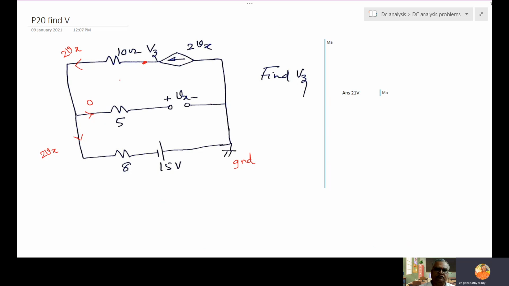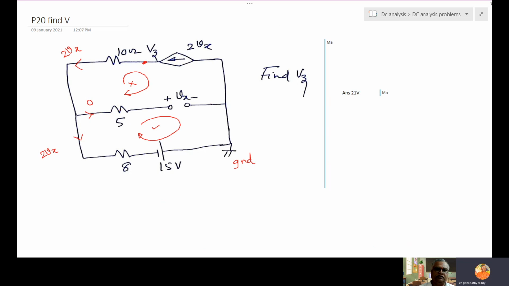To find Vx, we can't write a mesh equation in this loop because of the current source. But we can write here. This loop equation is allowed.